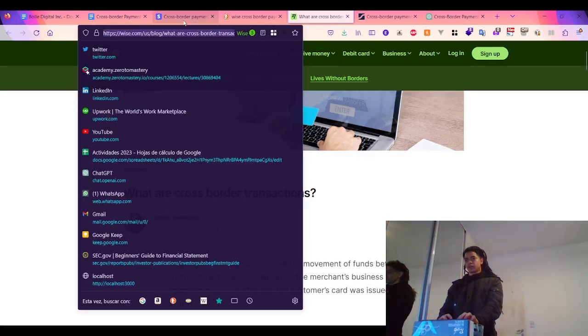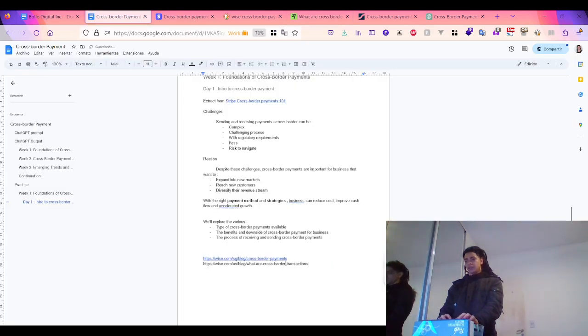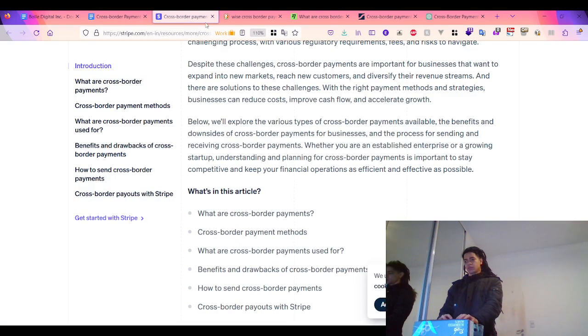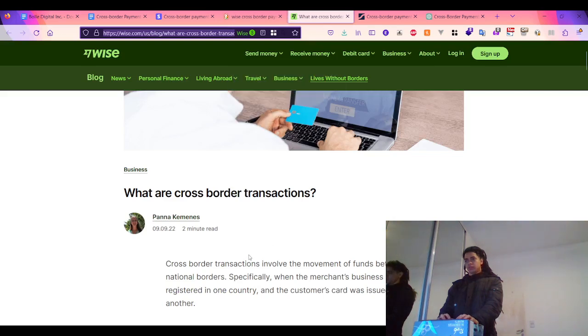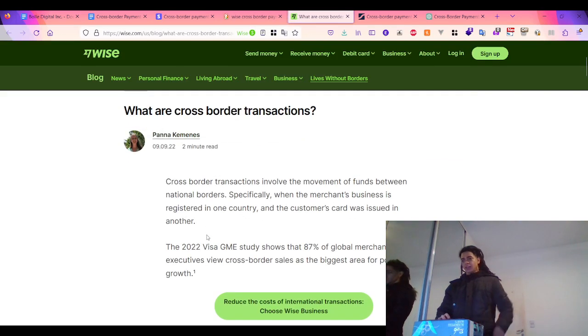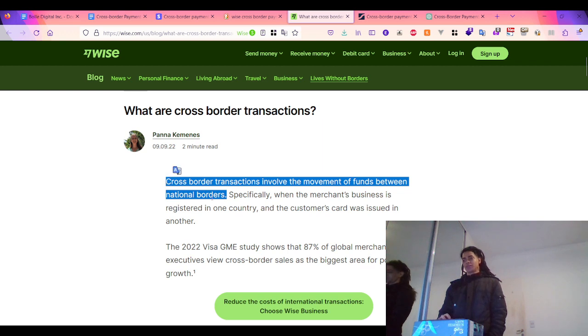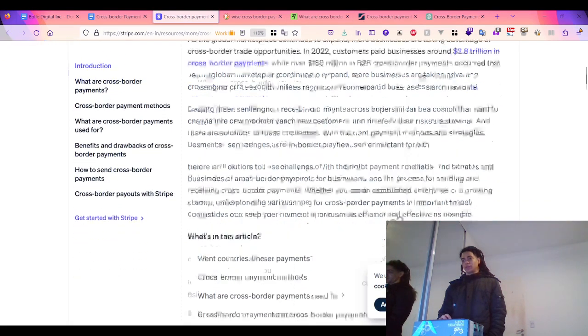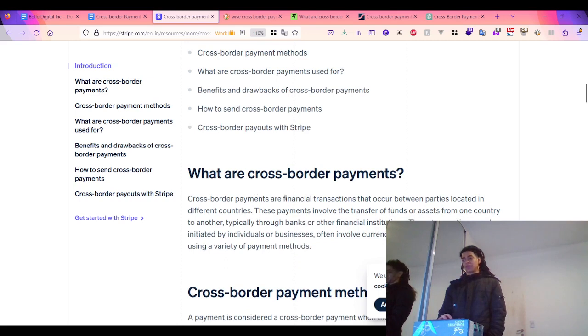So this is another link here, another resource for that. So according to WISE, cross-border transactions involve the movement of funds between national borders. Here, cross-border payments are financial transactions that occur between parties located in different countries.